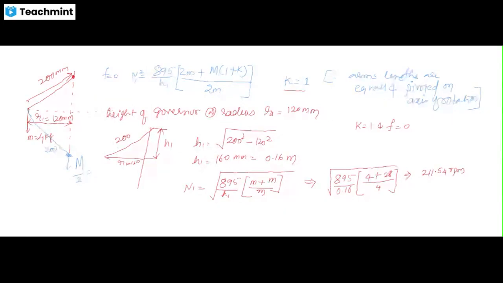Okay. So next, height of governor at maximum speed. That is R2 equal to 160 mm.